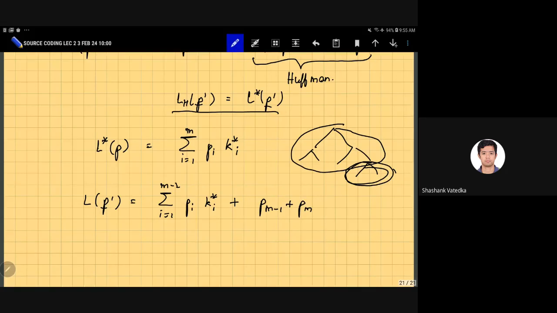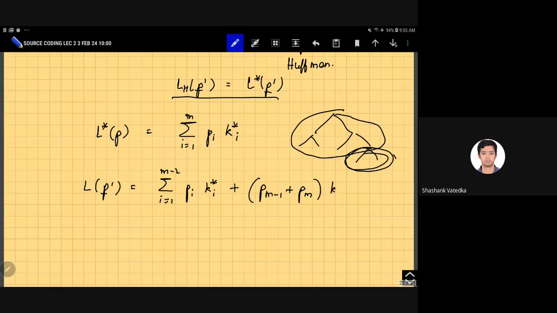I'm merging the two symbols, and they will have length K star m minus 1 minus 1. Because the two longest code words, the two least probability symbols, have the same code word length. So K m star equals K m minus 1 star, and I'm merging the two symbols, so the code word length for these two symbols will decrease by 1.